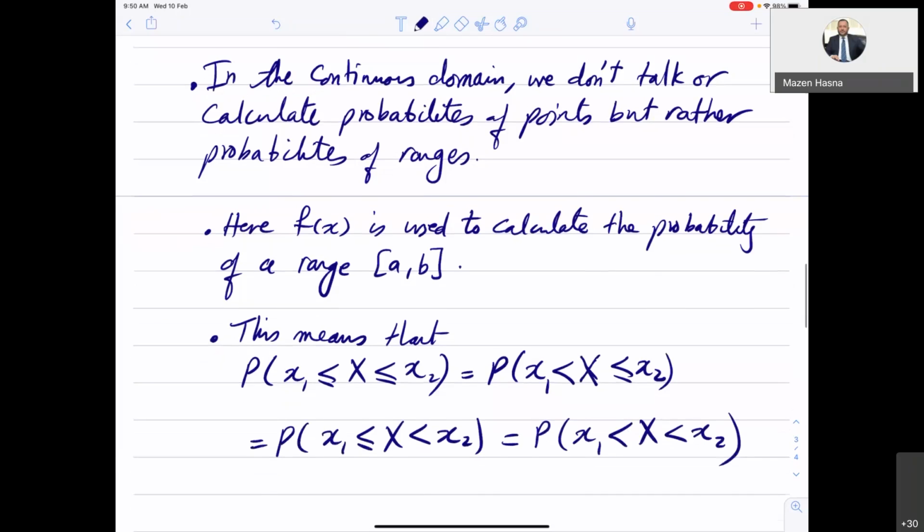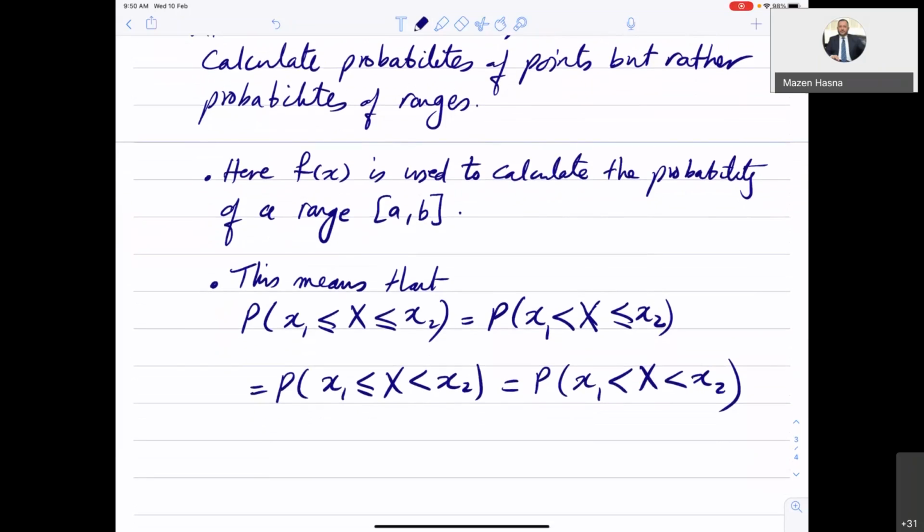Why? Because the probability of a single point is 0. So whether you have less than or equal or less than does not matter, because when you integrate, you will integrate from the same point.